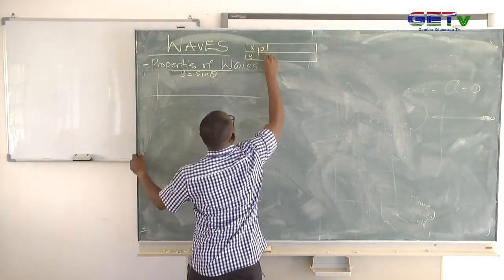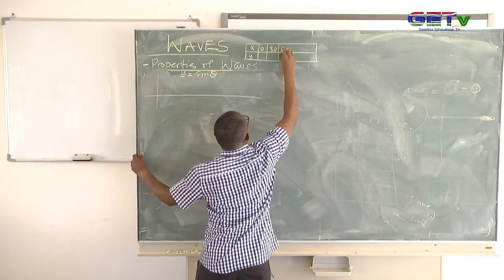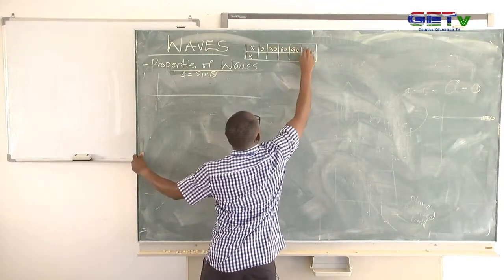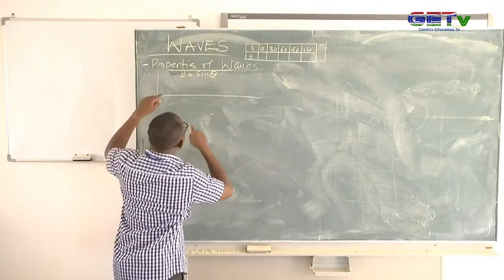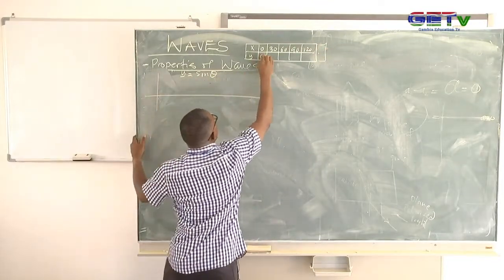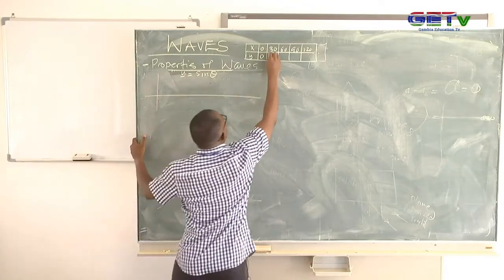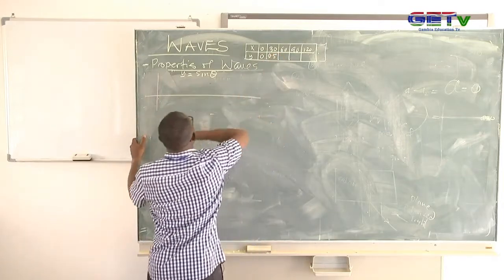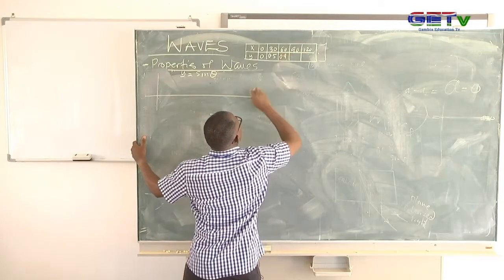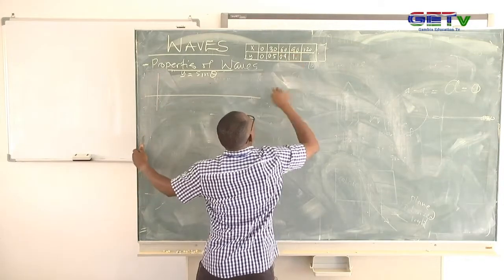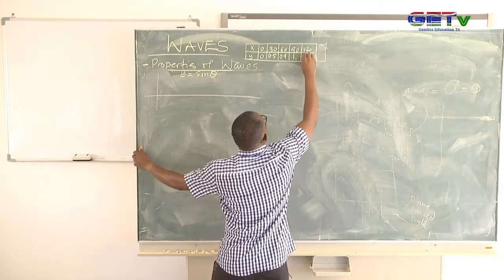I have 0, 30, 60, 90, and so on, 120, 150. If you punch sine 0 on your calculator, that gives you 0. Sine 30 is 0.5. Sine 60 is 0.87, so we call it 0.9. Sine 90 is 1.